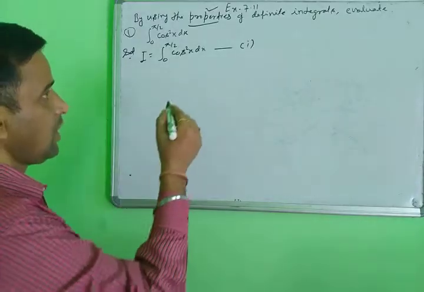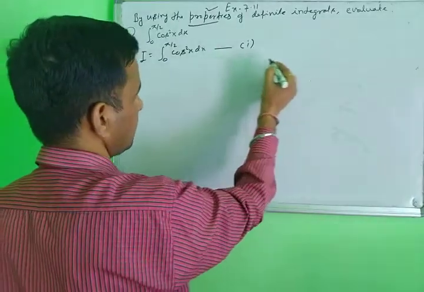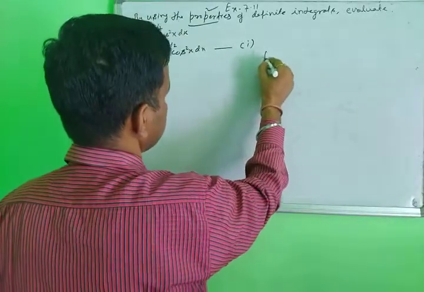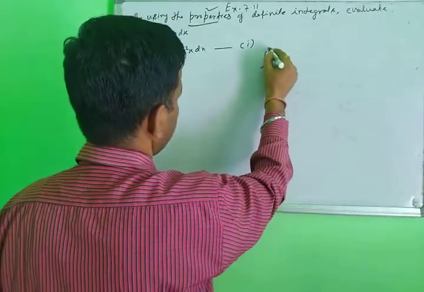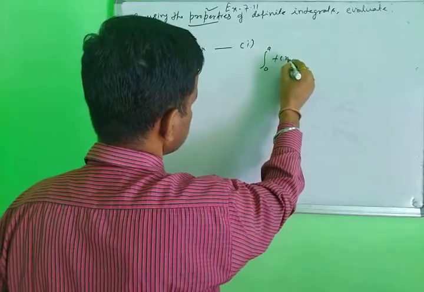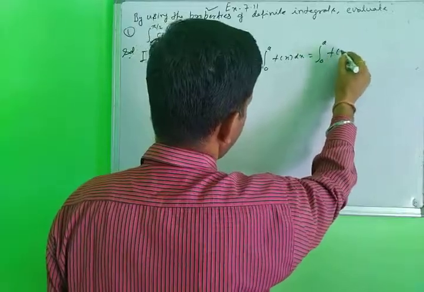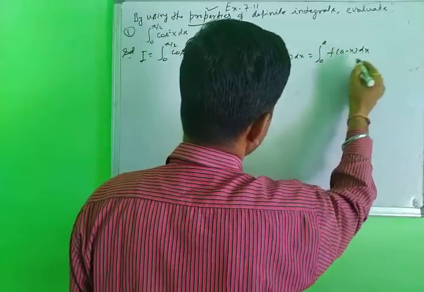Second, you have one property here. Which property? The integral from 0 to a of f(x) dx equals the integral from 0 to a of f(a minus x) dx. The limits 0 to a do not change.